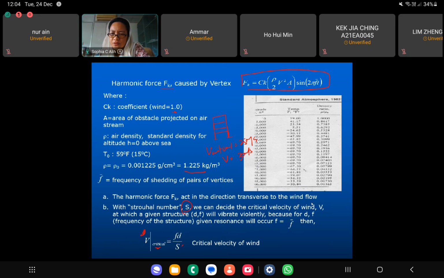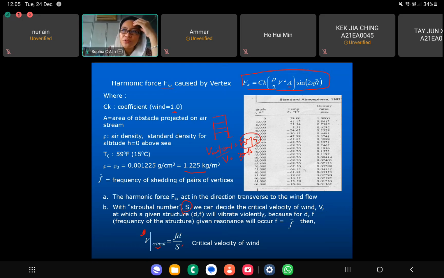We'll call for Tae Junxiang. Where are you, Tae? Yes. Tae, can you understand the question? Sorry, can you repeat the question? Okay, so my question is that if I have a structure, like a tower, and after calculating the critical velocity, I found out the critical velocity of my structure is 25 meters per second.